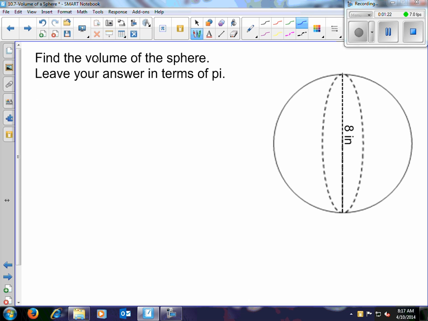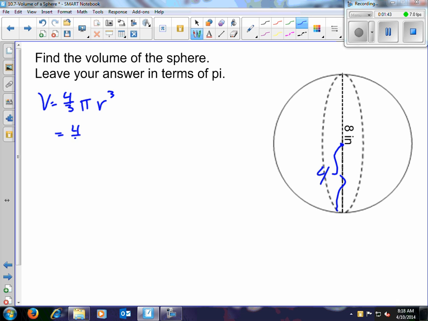Alright, one more example. It says find the volume of the sphere, leave your answer in terms of pi. Now we were given our diameter, so we need just the radius, and the distance from the center to the outside, if the whole distance is 8, is going to be 4. So volume equals 4/3 pi r cubed.